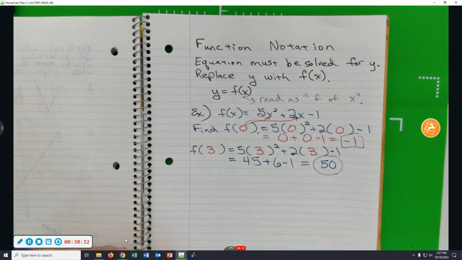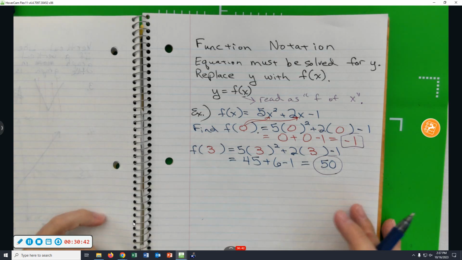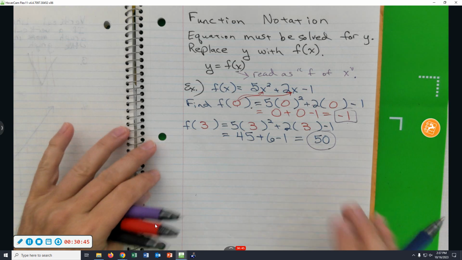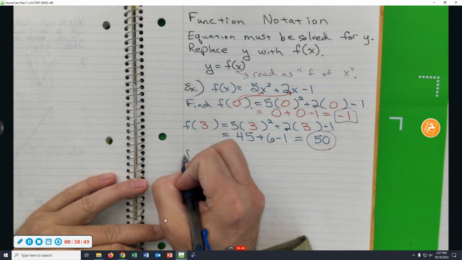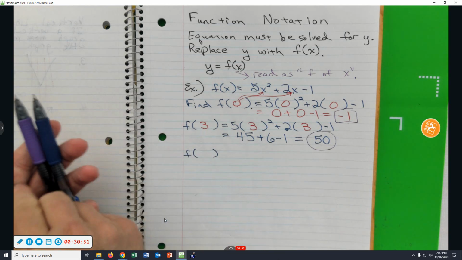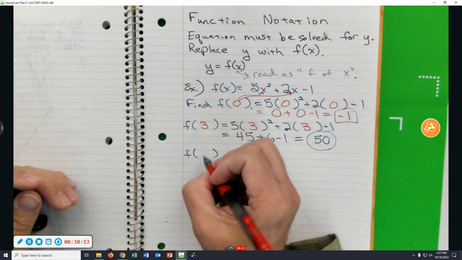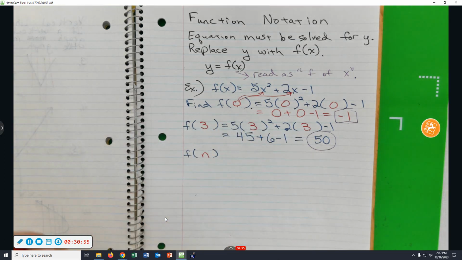For function notation, you go to the function and you replace every variable with whatever's in the parentheses. I have one more example I'm going to make up, then we'll look at homework, okay? F of n.